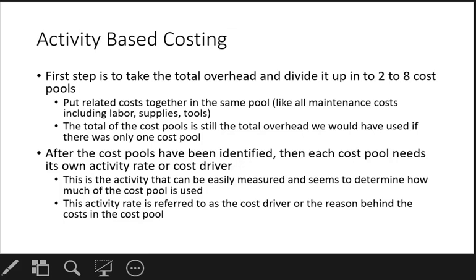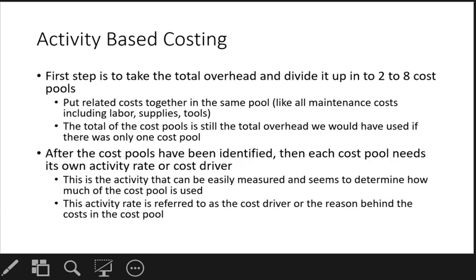Now, fortunately for you, for the homework, for our purposes, we're going to usually make it fairly clear what the cost driver is and what the cost pools are. In real life, that's one of the most difficult parts of this whole process, determining what should be in each cost pool. And some costs are going to have to be allocated between cost pools.